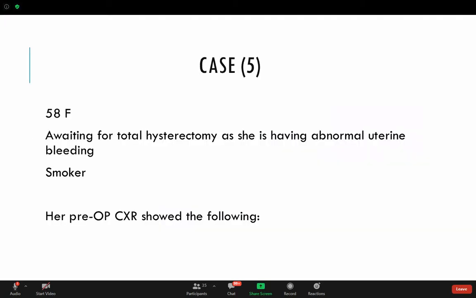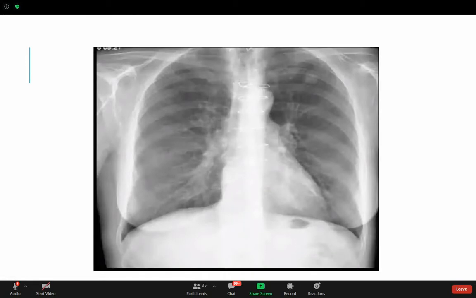Okay. So a 58-year-old female awaiting total hysterectomy as she's having abnormal menstrual bleeding. She's a smoker. They sometimes do a preoperative chest X-ray just to make sure that there is no abnormality, and this is her chest X-ray. What do you guys see?